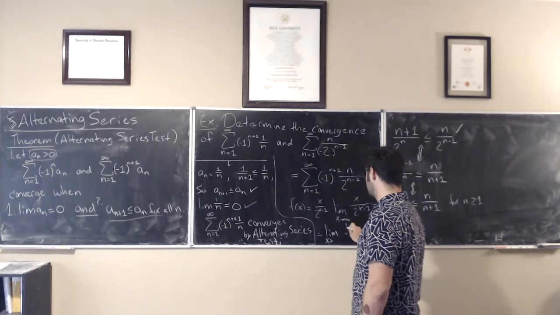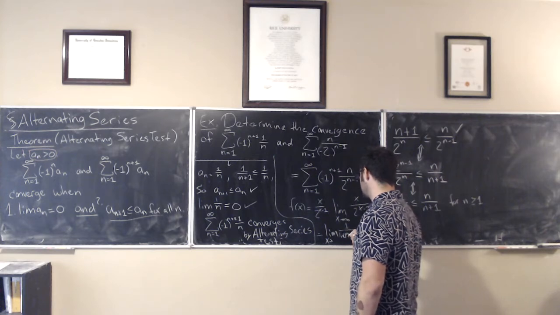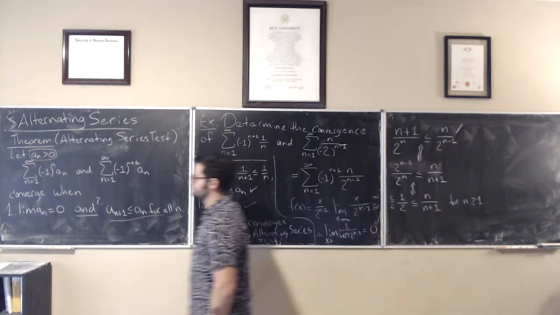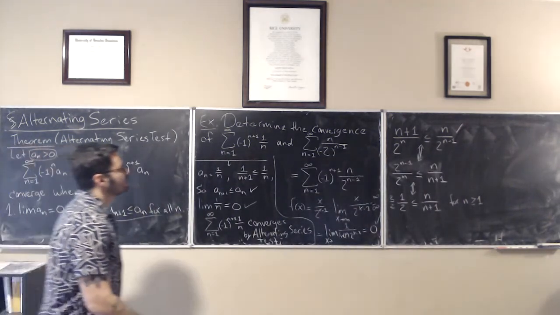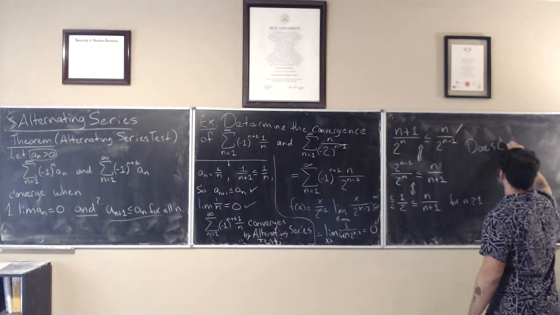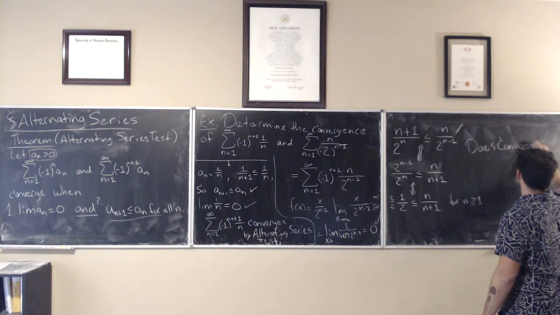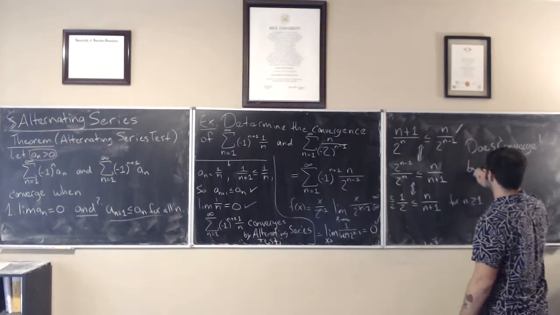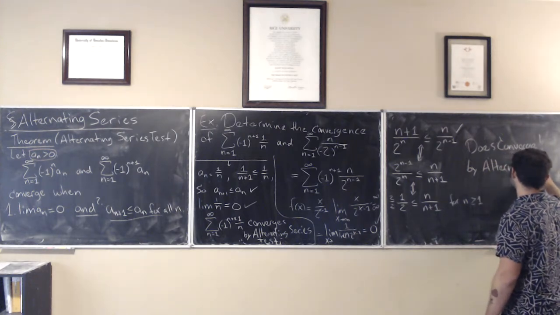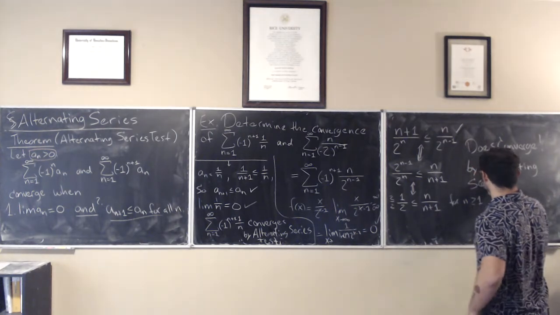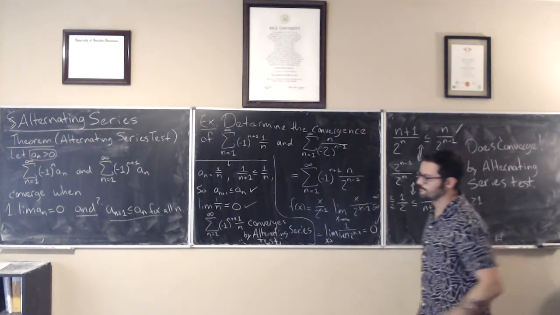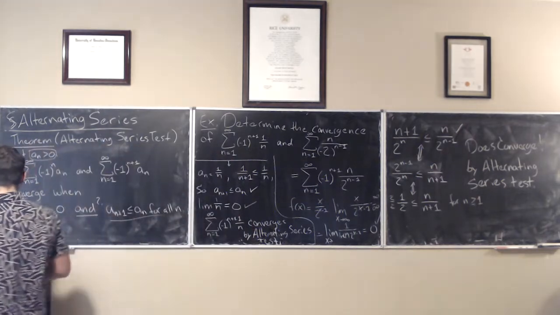Take the derivative on the top, you get 1, on the bottom, you get natural log 2 times 2x minus 1, which equals 0. So it satisfies part 1. So yes, this series does converge by the alternating series test.